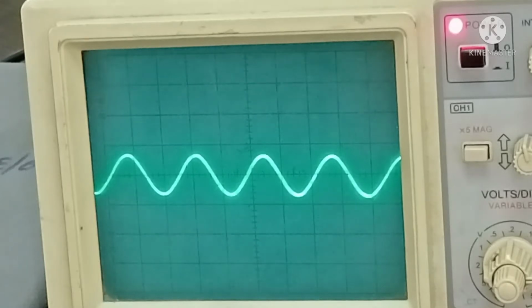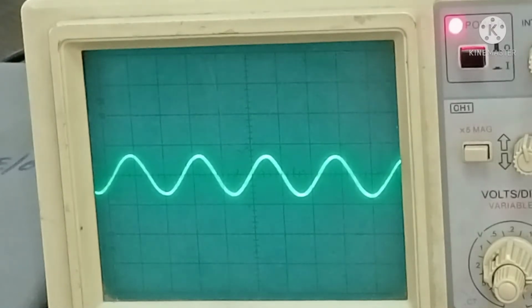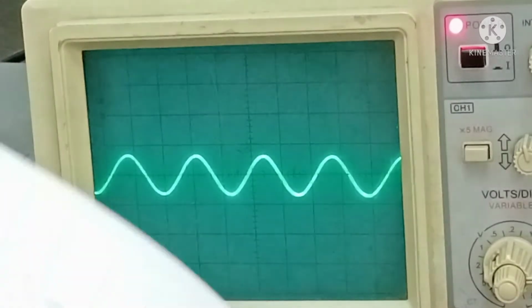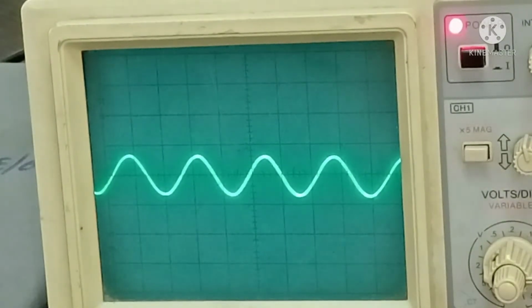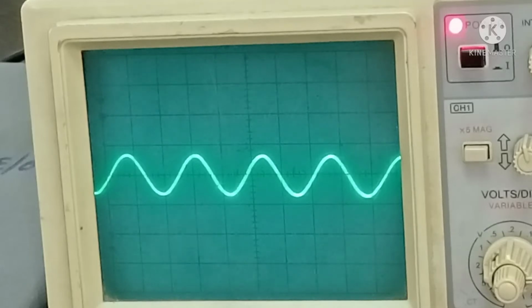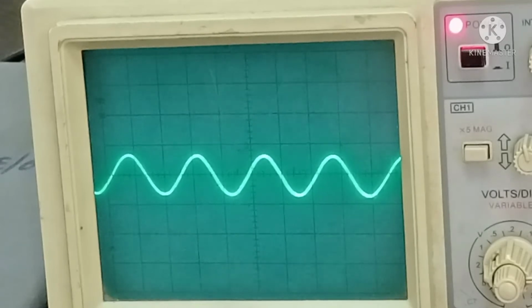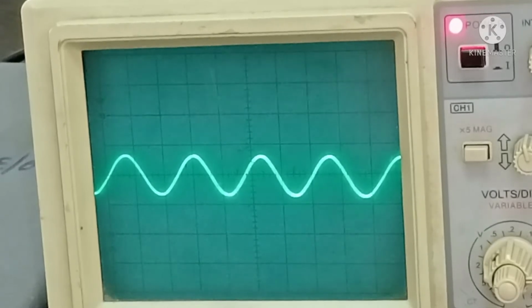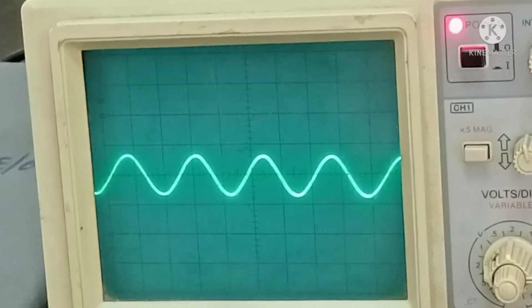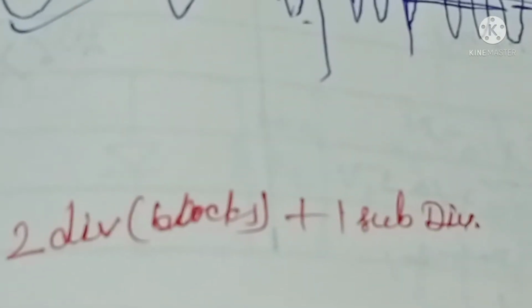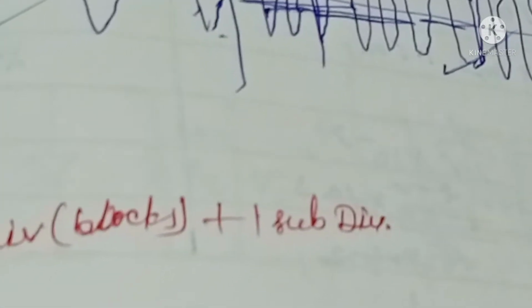I will write down on the copy how we can find the frequency. Two blocks or two divisions, two divisions means two blocks, plus one subdivision.